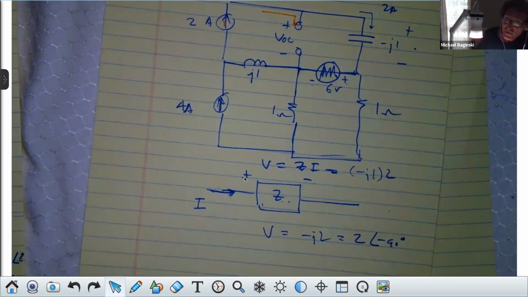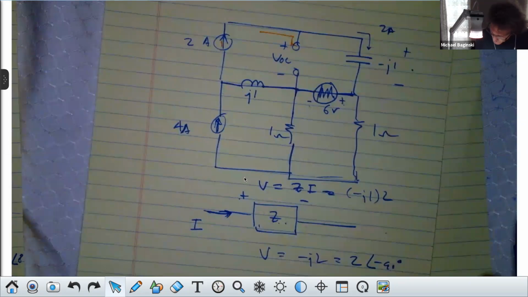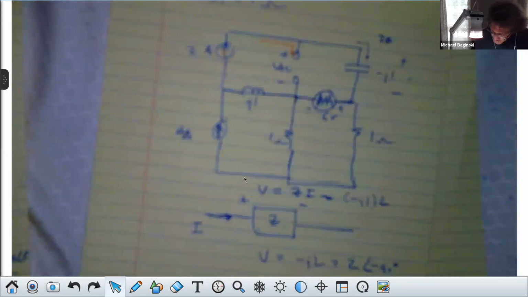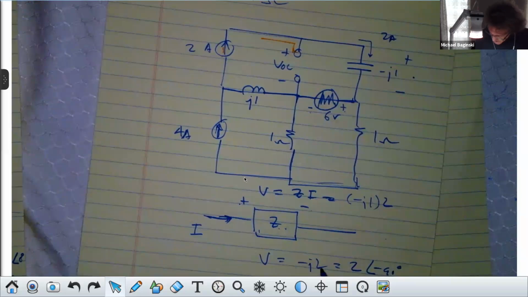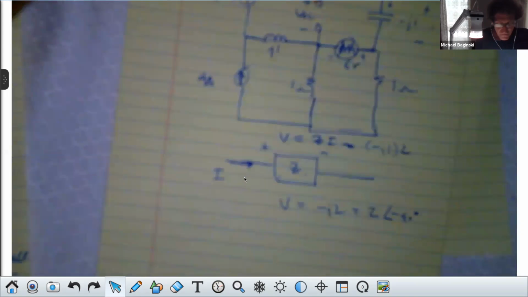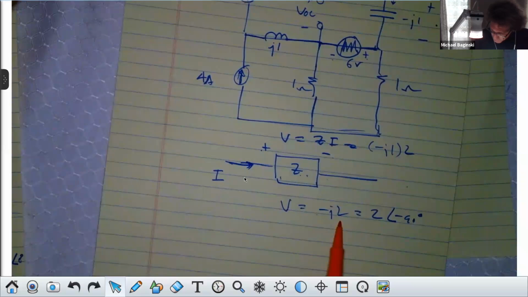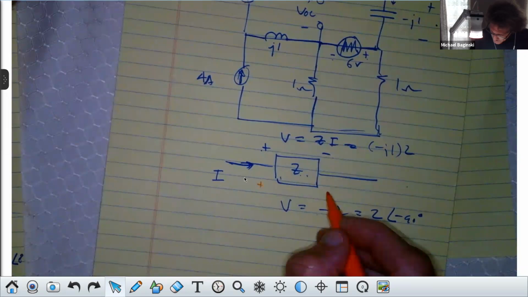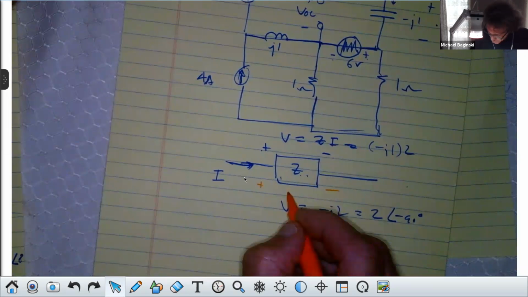I'm not sure Joseph or somebody did. Take a look at this. If I want to find the V open circuit here, I know that this voltage is what? Minus j2. Now, if I have minus j2 here, watch this. It means this voltage right here, plus to minus, is equal to minus j2.